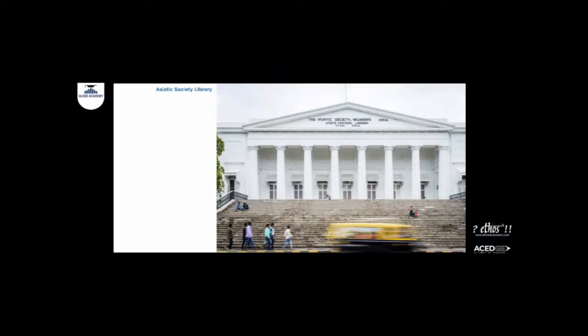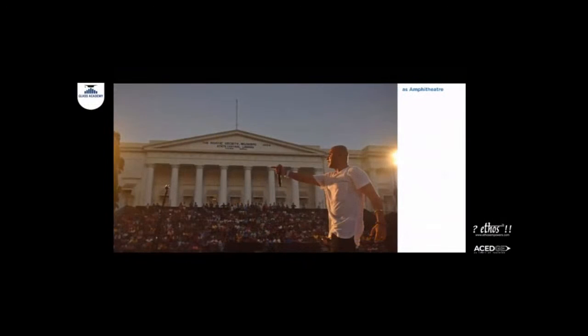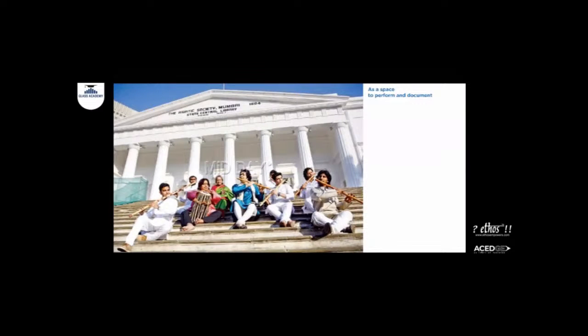Now these steps are a part of the library, but the way they are placed, it becomes a space for people to rest or sit and wait. And based on different times of the year, these steps are used for a concert, like an amphitheater, or sometimes as a backdrop for photo shoots, or even at times as a performance.